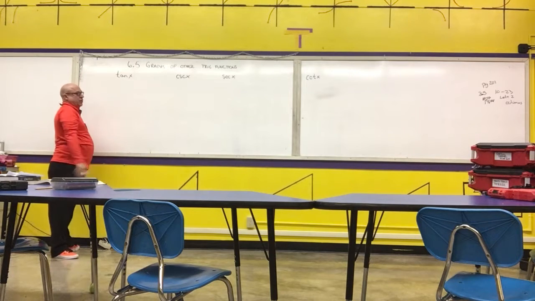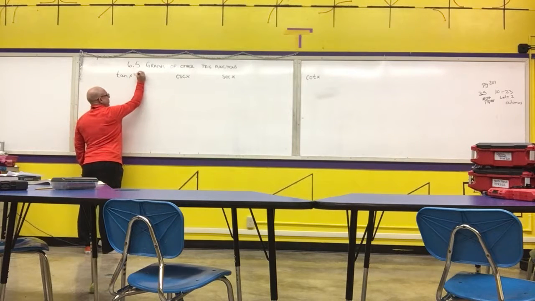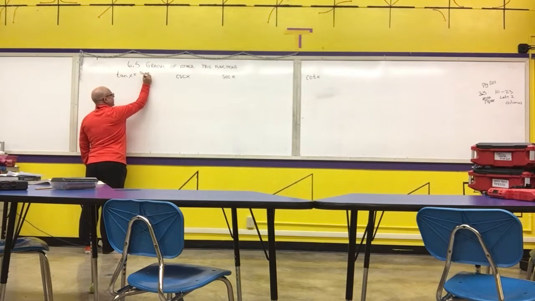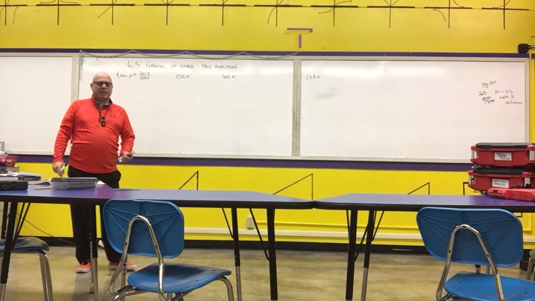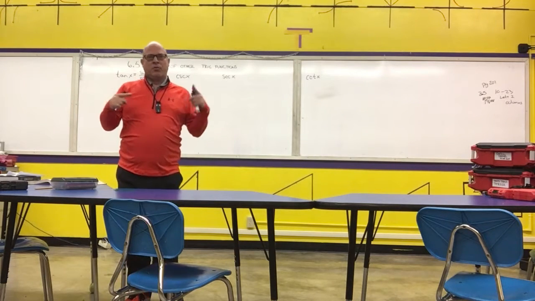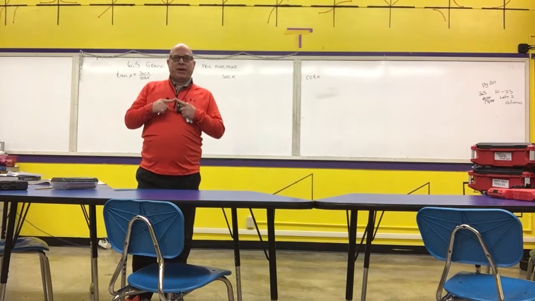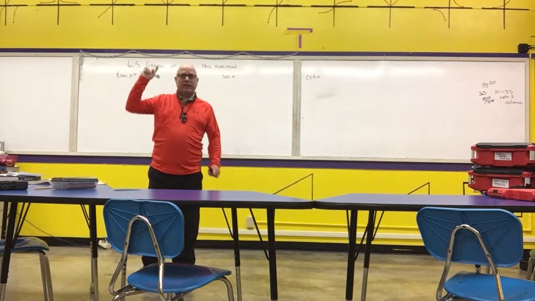So the way I look at graphing the tangent function is I remember that tangent is sine over cosine. The key points that we want to graph for the tangent function are going to be our quadrantal angles. But remember that at two of our quadrantal angles, tangent is undefined.